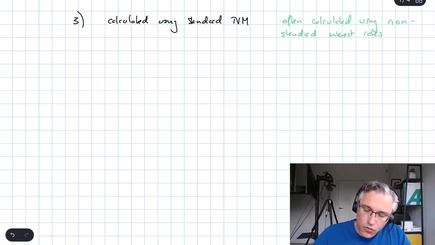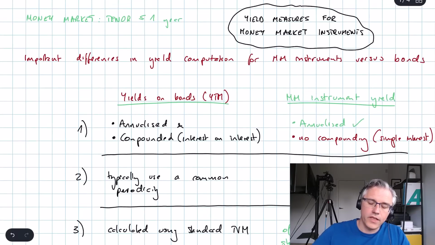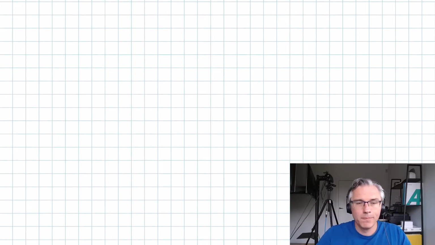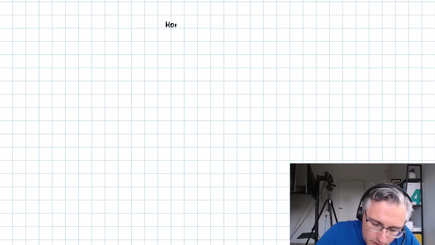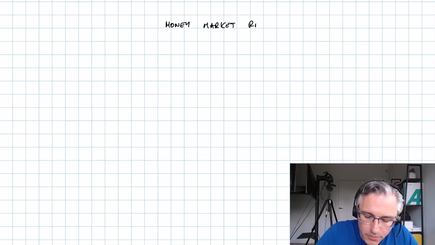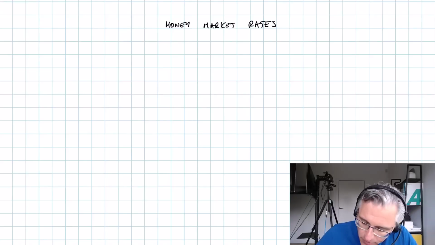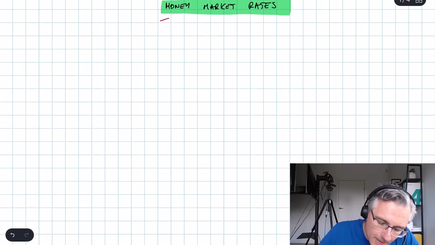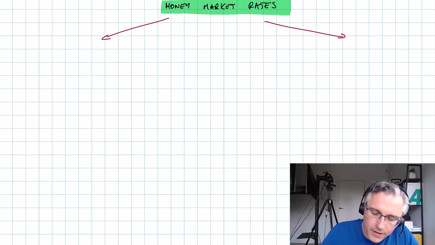Okay, so let's now get cracking with the actual computation or expression of yields. There are two ways to do this, and also two conventions under which we can do it, which makes for quite a wide range of approaches. But money market rates or money market yields may be expressed using two different bases.